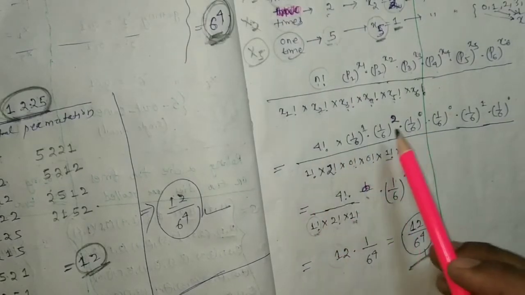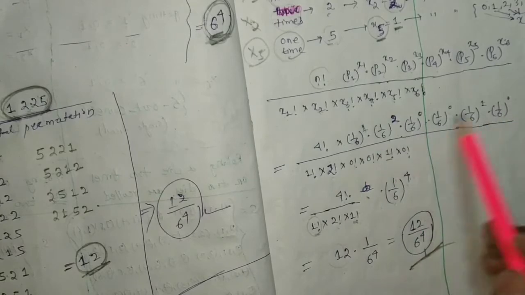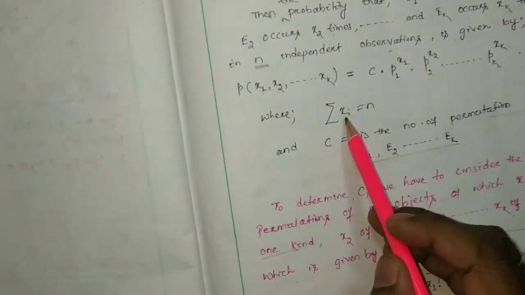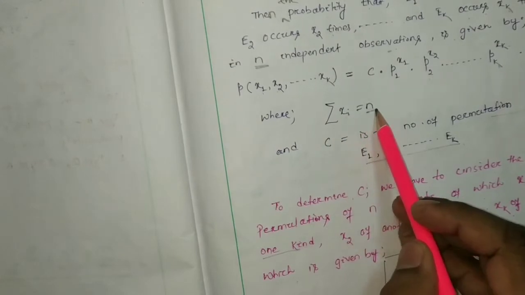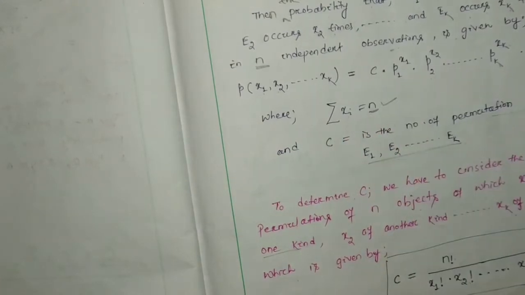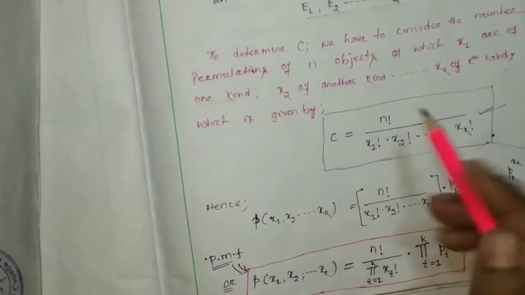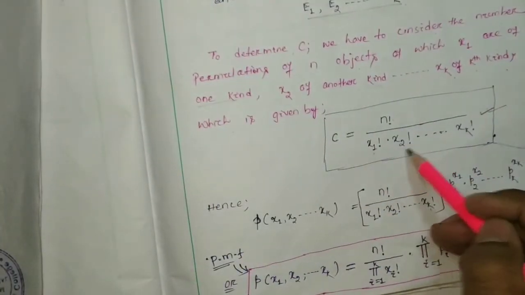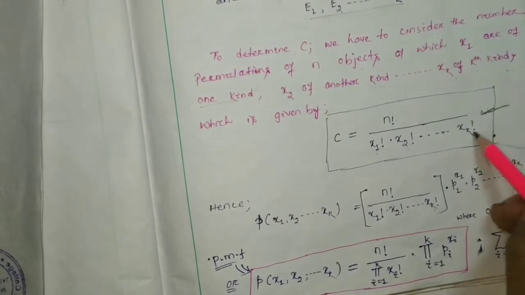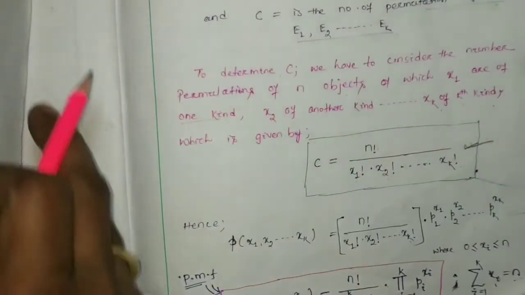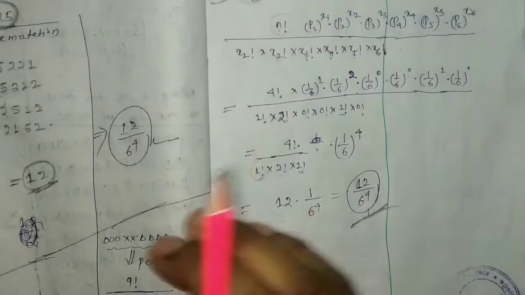And the addition of all the probabilities will be 1. So whatever we have written, summation over xi will be n, that we saw. So here c will be n factorial by x1 factorial, x2 factorial, up to xk factorial. We have also verified this with these 2 examples.